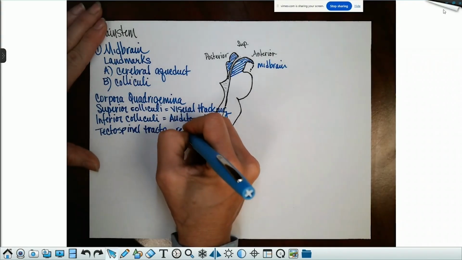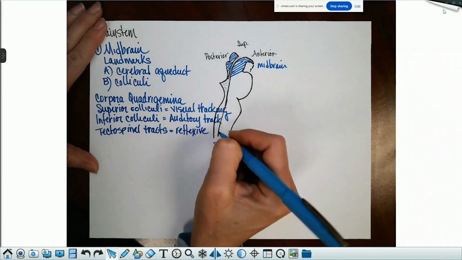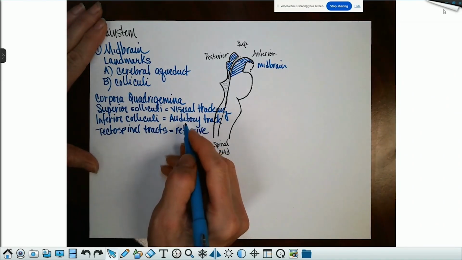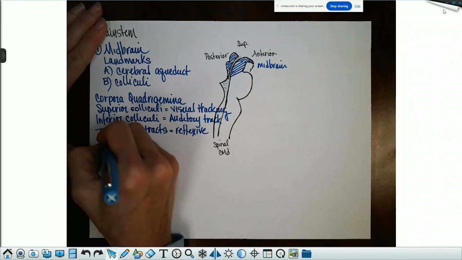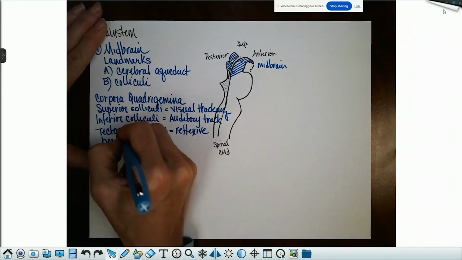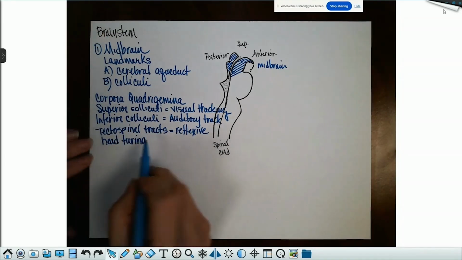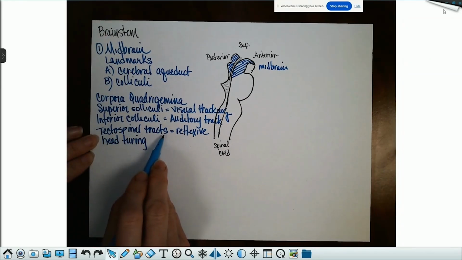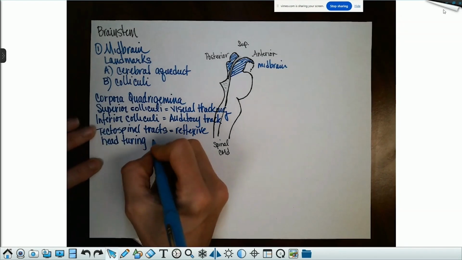It responds in reflex to visual or auditory stimuli. So, reflexive head turning. It gets the name tectospinal tract because of the place in the midbrain called the tectum.